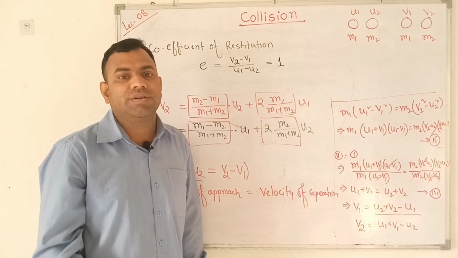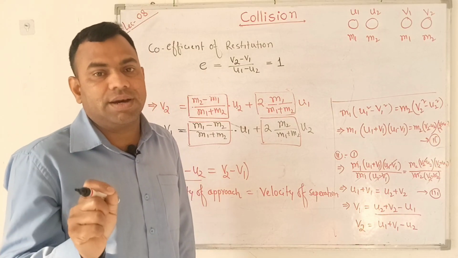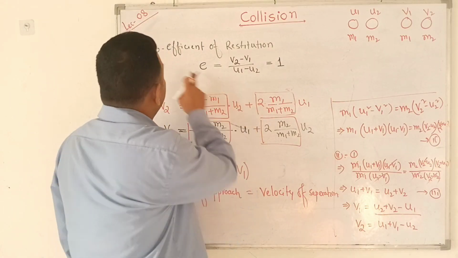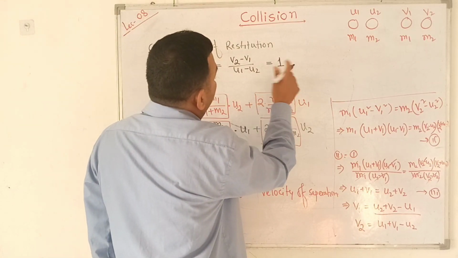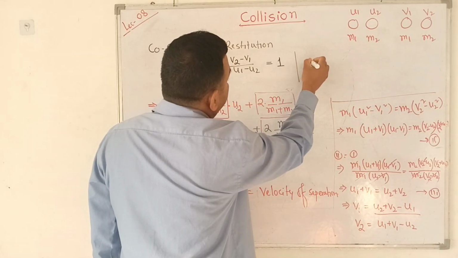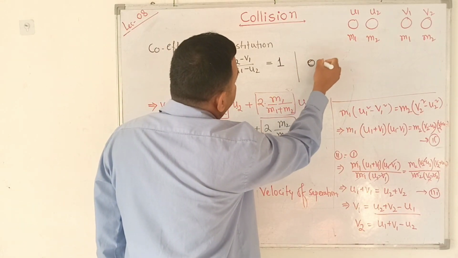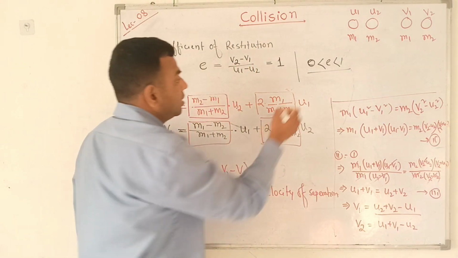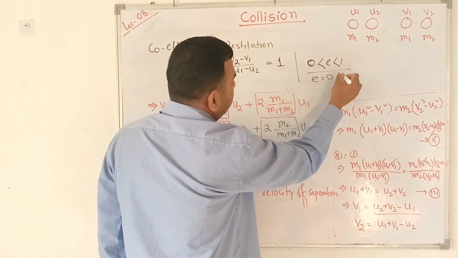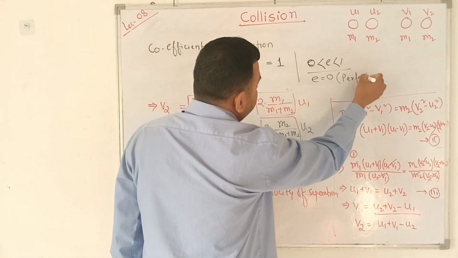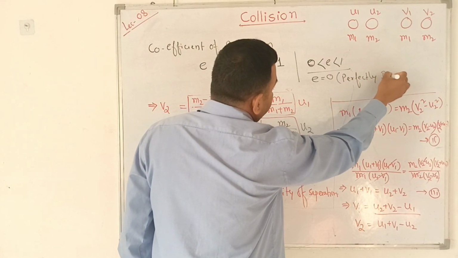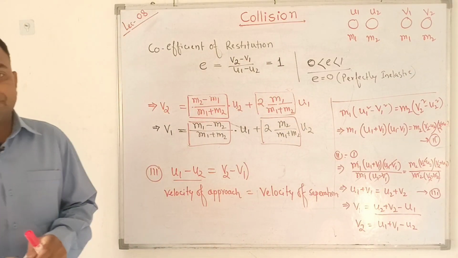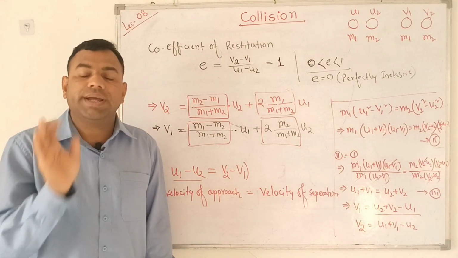In the case of perfectly inelastic collision, E will be 0. So for elastic, E equals 1; for inelastic, E is between 0 and 1; and for perfectly inelastic, E is 0. These are all 1D collisions or head-on collisions.